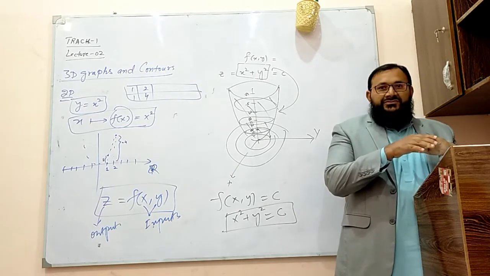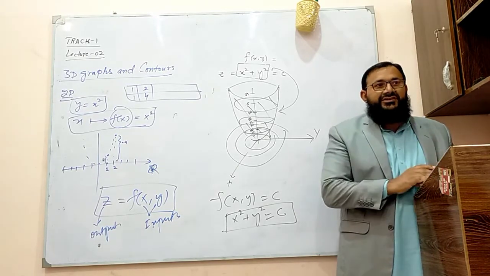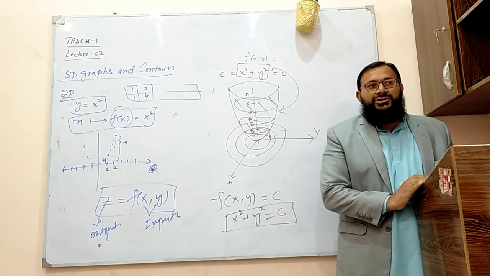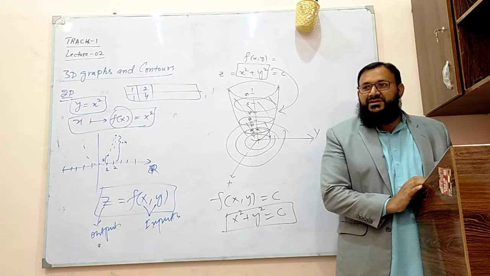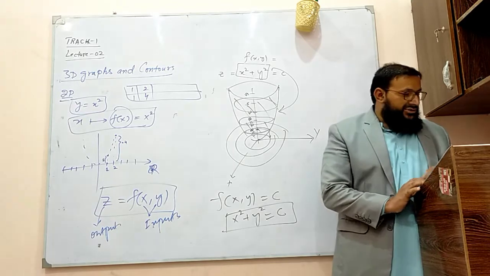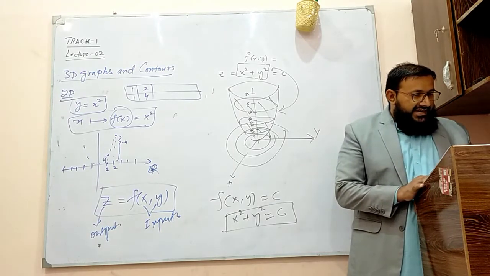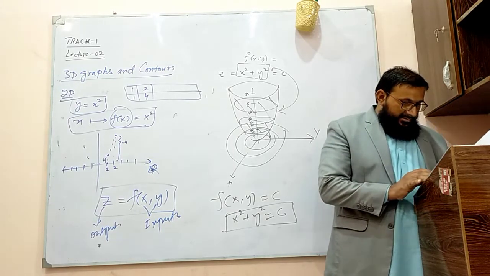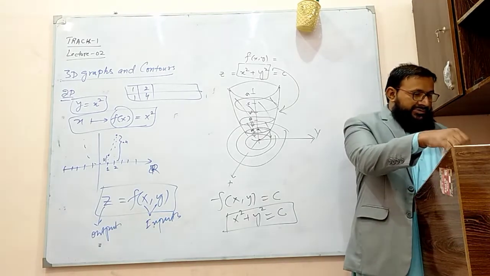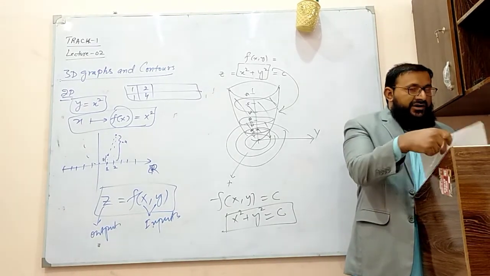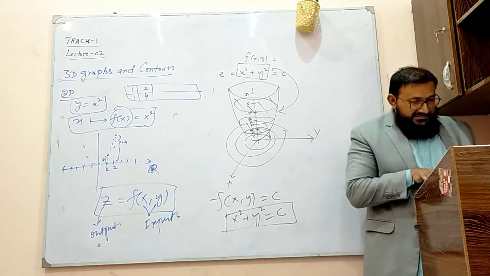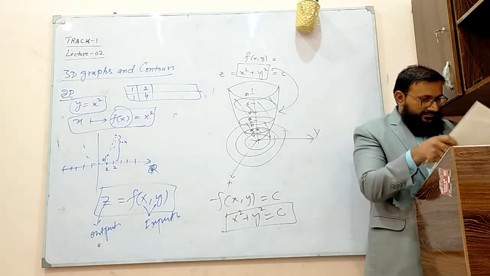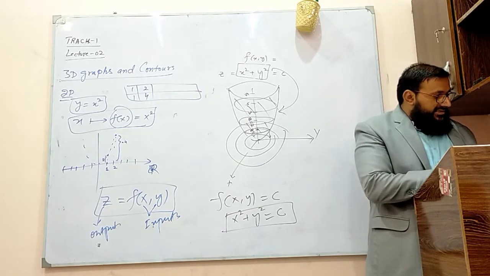Whenever we study the geographical aspects of a particular area, we always see where the height is maximum and where the height is minimum. So we have these ideas which are applied in that case as well. It will be clear in the next few minutes why these things are so important. Okay, any question about this?